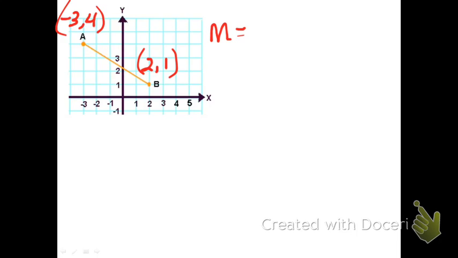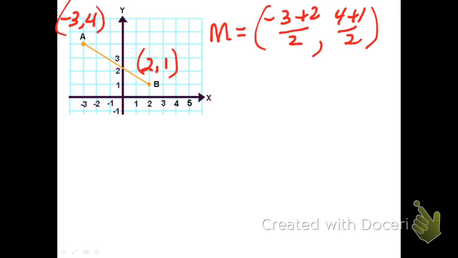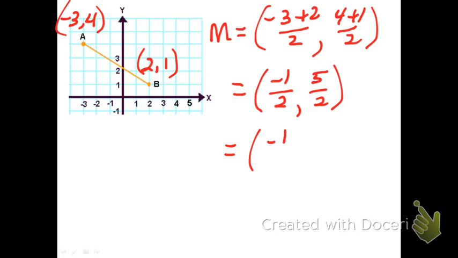So to find our midpoint, we take the average of the x-coordinates, so I have -3 plus 2 over 2, and the average of the y-coordinates, so I have 4 plus 1 over 2. -3 plus 2 is a -1, and 4 plus 1 is 5. So again, I'm going to write this as -1/2 and +2.5. So that's the coordinates for our midpoint.